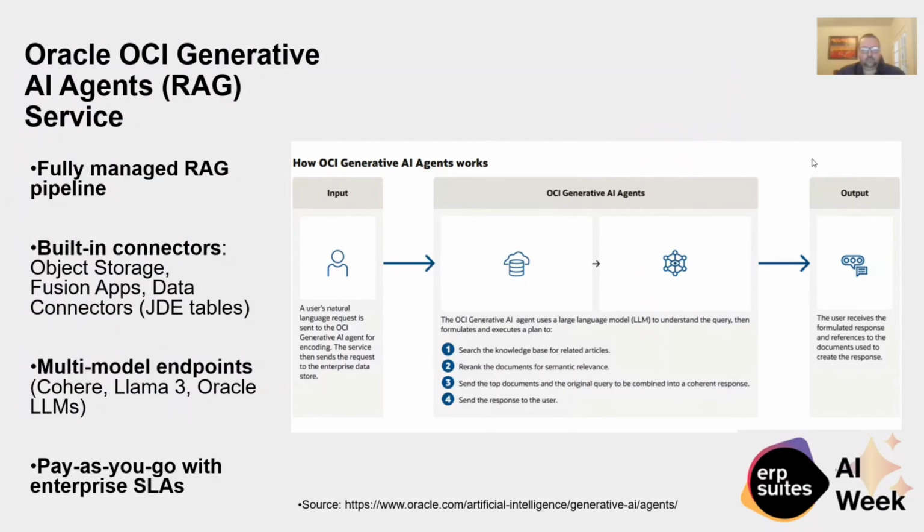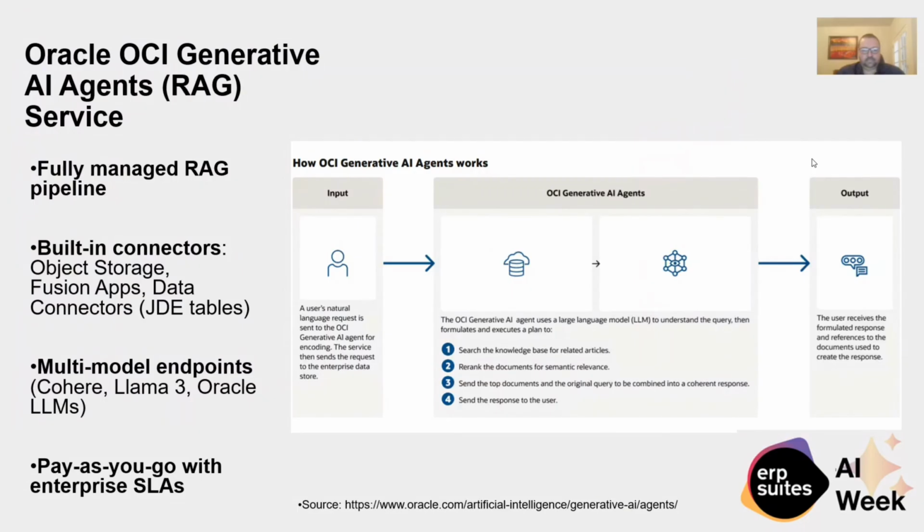Fusion apps have AI integrated in, but JD Edwards doesn't, and that's where we come in to help customers figure that part out, do some of the legwork, a proof of concept, or some development. There are also data connectors for JDE tables. It's not a JDE specific connector, but you say, I've got an Oracle database or a SQL database out here, I want to connect to those endpoints, those tables, and bring them into the generative AI.